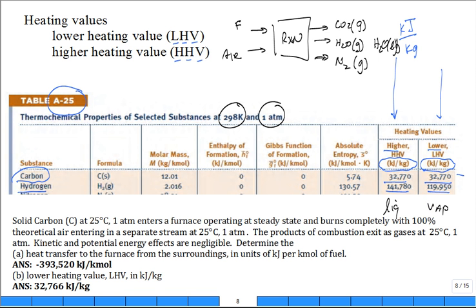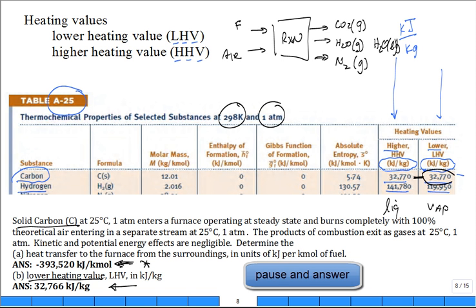So if you go back to this problem right here, how do I jump between the heat release for burning the carbon, solid carbon, and the lower heating value, which is the same as a higher heating value because there's no water vapor going out when you combust the carbon, right? How do I go from this number right here to that answer right there? How do I do that?